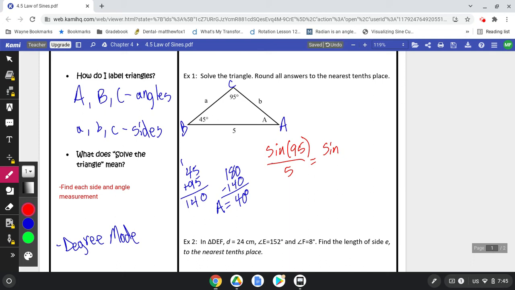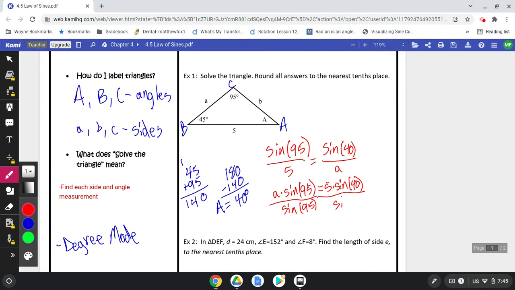I'll go ahead and find a first, so sine of 40 divided by a. Now we'd cross multiply, so we'll get a times the sine of 95 will equal 5 times the sine of 40. And at this point, all we need to do to get a by itself is divide by the sine of 95.